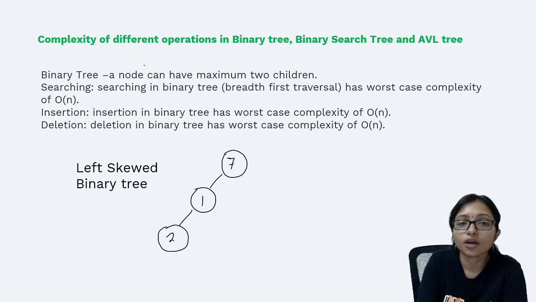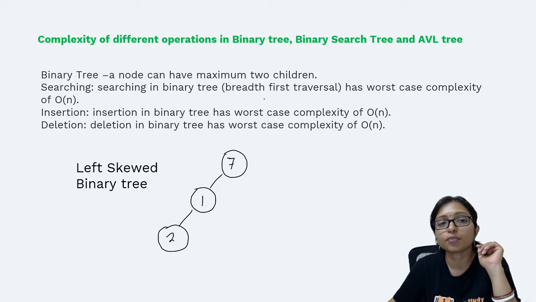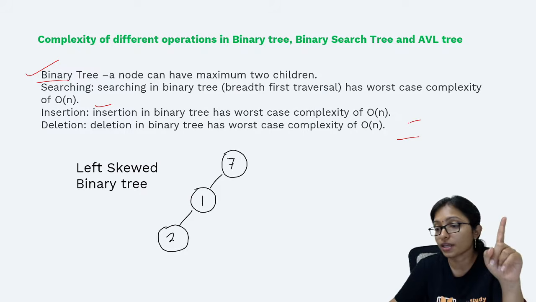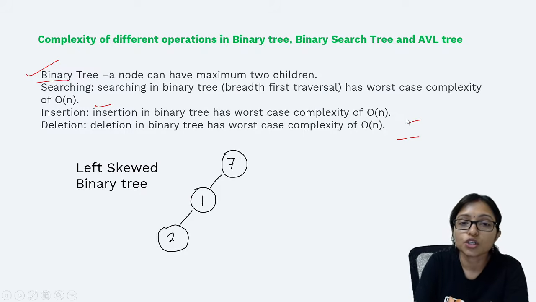And here the complexities are also very important. Whenever we are doing the complexity for a normal binary tree, at the time when the children are there, then these are the complexities. Complexities are very important. Okay, chalo.